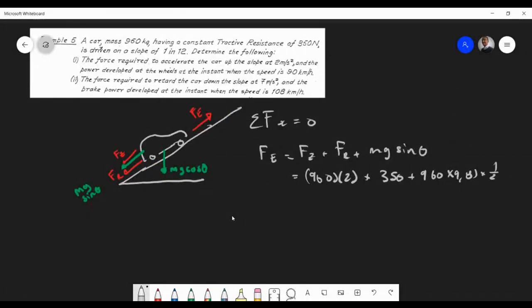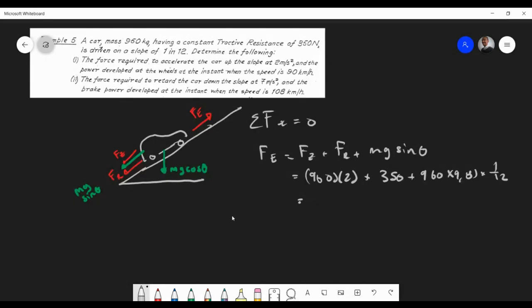I hope you guys are aware you're allowed to do something like that. I'm not sure if everyone is familiar with mg sine theta and 1 over 12 and all of that. Then I think there's no frictional force because it's included in the tractive resistance. So we add this, and we'll get that force.